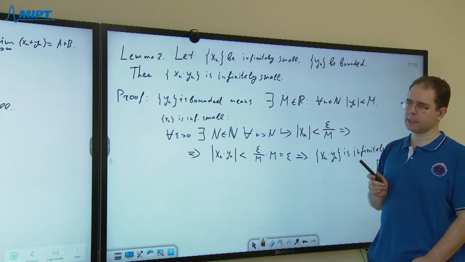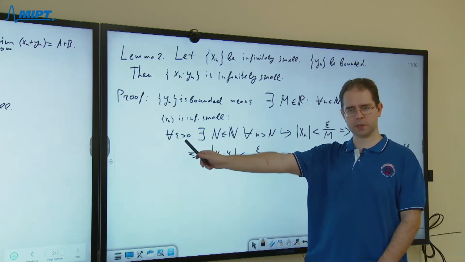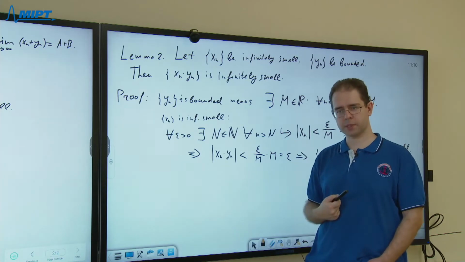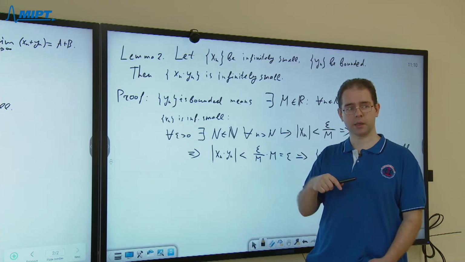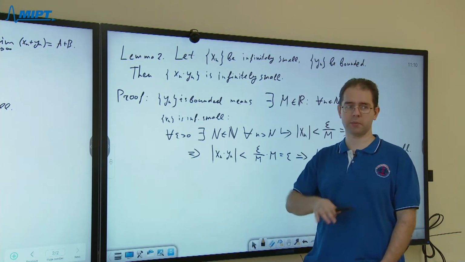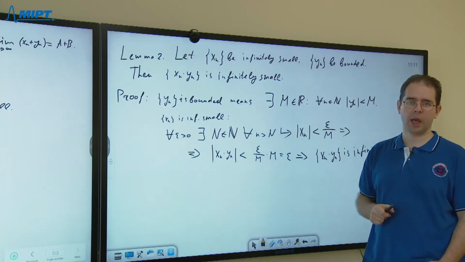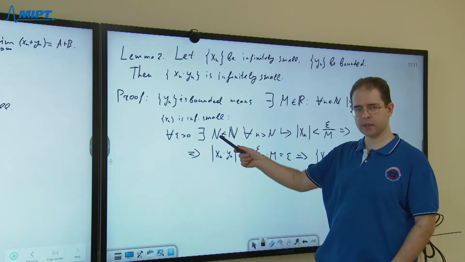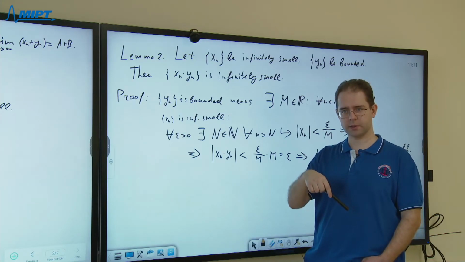Since this capital N exists for any positive epsilon, if you give me some positive number epsilon, I can multiply it in my mind by some specific positive number, for example, by 1 divided by capital M, and find this capital N corresponding to the result of this multiplication. Correct?